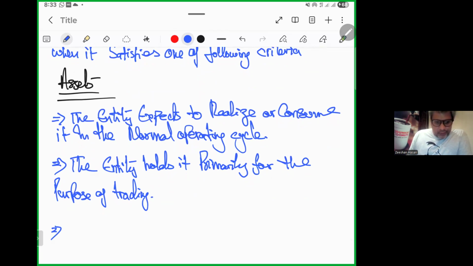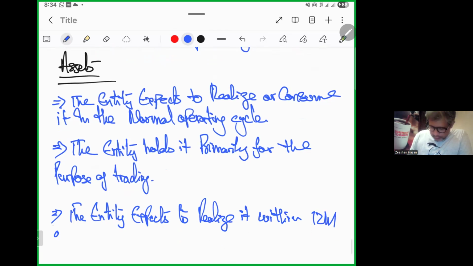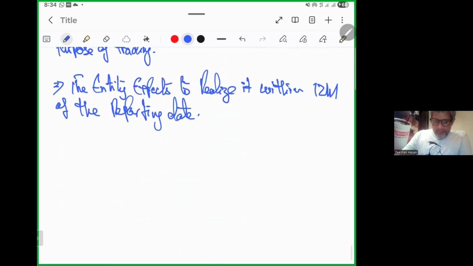The entity expects to realize it within 12 months of the reporting date.